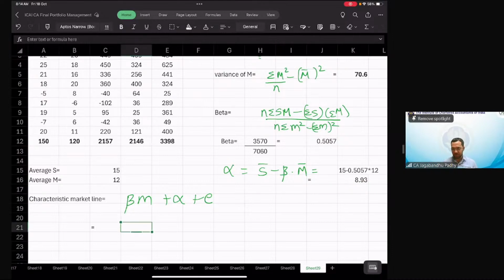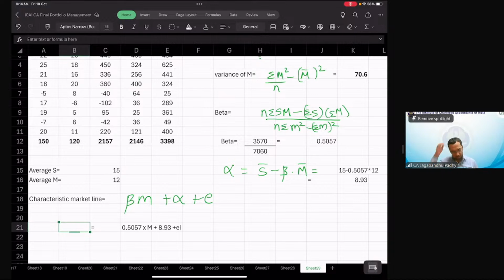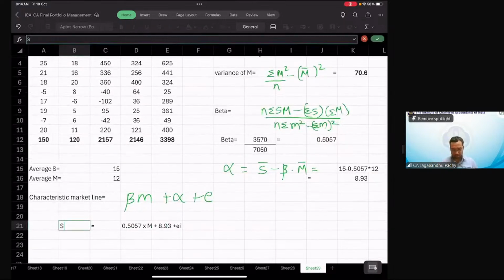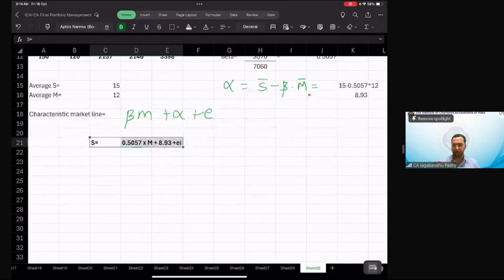So the characteristic market line will be 0.5057 multiplied by market return plus alpha of 8.93 plus error return. So I can say this represents the security return, or the security return is defined as this particular equation.